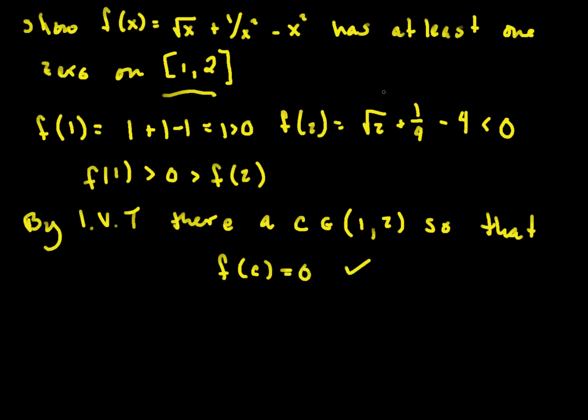We just know that, by the nature of this being a continuous function, one endpoint was positive, the other endpoint was negative, so the only way that can happen is it passes across the x-axis. It has to go through 0 at least once. The theorem doesn't tell us how many times. It also doesn't tell us how to find it. That's quite a bit more work of actually finding the location of that 0. But for instance, if we're just sketching a graph, if we know that it's positive on one side and negative on the other, then when we sketch the graph, we know it's going to have to go through the x-axis at least once.